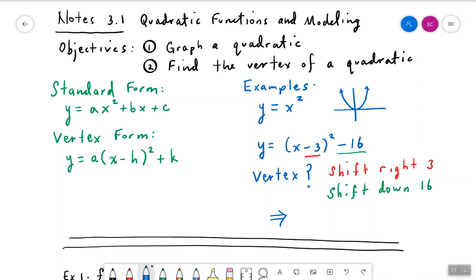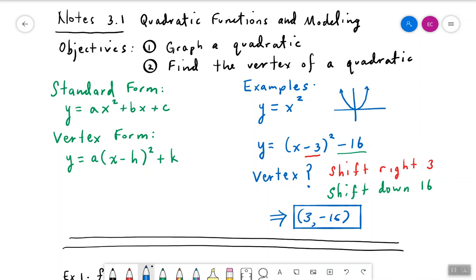So what does that do to the vertex? Well, the vertex started at the origin at 0, 0, and then went to the right 3, so that's a positive 3, and then down 16 would take you to negative 16. So the vertex now is located at 3, negative 16. And that's a nice result, and we'll practice that some more in the examples to come.